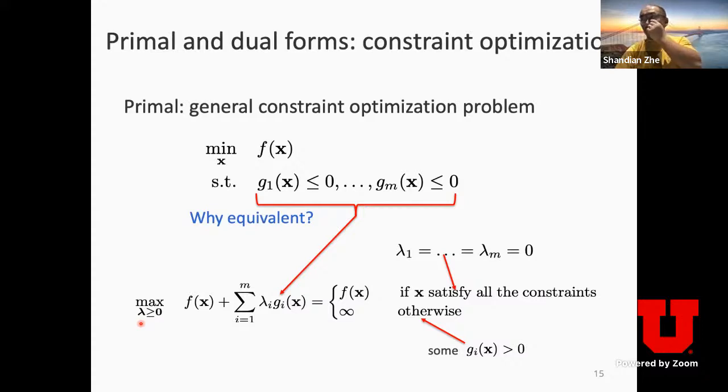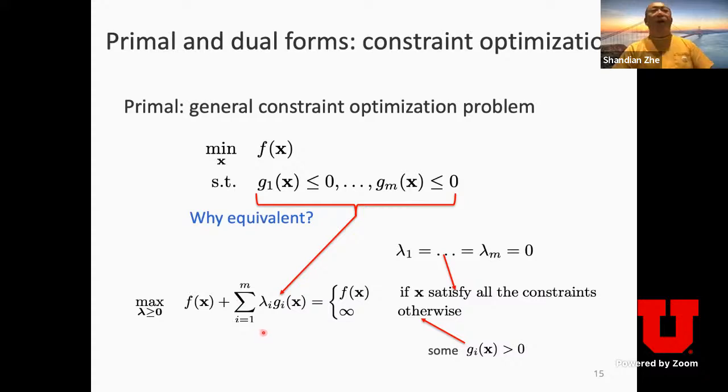Yes, exactly, it must be 0. So in the first case, let us assume the x we fixed in the outer level has already satisfied these constraints. That means when you evaluate every constraint function, they are non-positive, right? Now I want to maximize the whole Lagrange function. I have no choice.